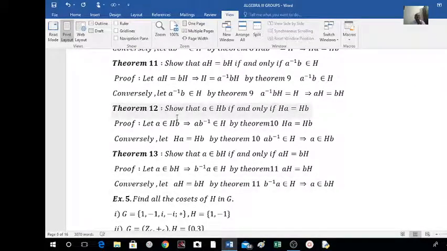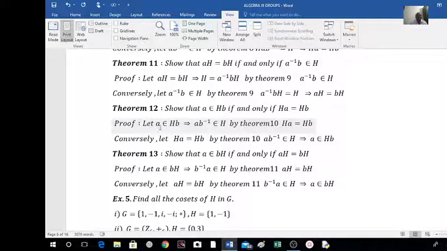Next I will go to another theorem. Show that A belongs to HB if and only if HA equals HB. These are all related to each other. Now I consider A belongs to HB, and operating by B inverse on both sides on the right, this becomes AB inverse and this becomes HBB inverse, which is nothing but H itself.